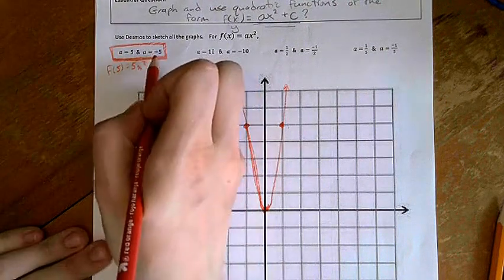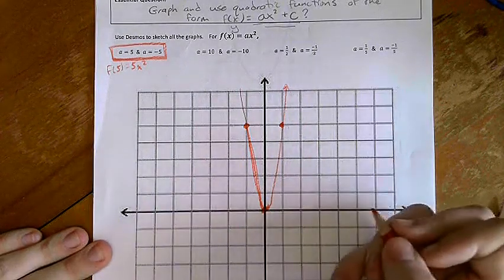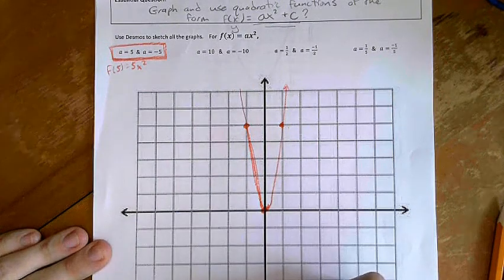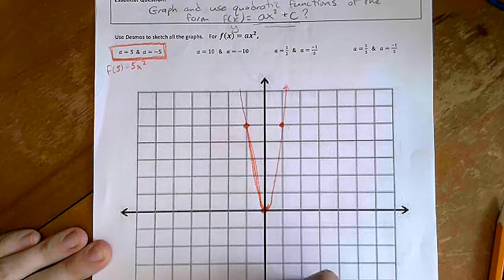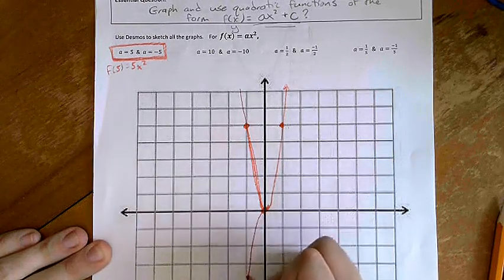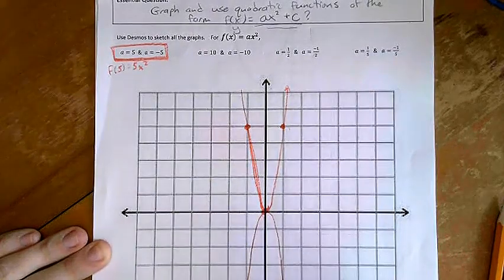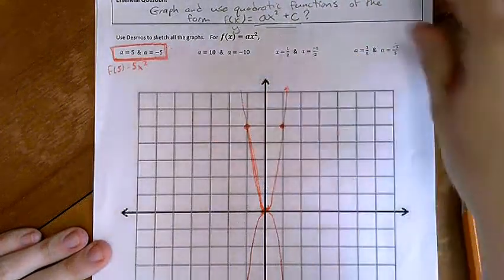So now let's do our negative 5. When I change my a value to a negative 5, my vertex hasn't changed at all, but now I have a point at 1 and negative 5, so it's down here, and a point at negative 1, negative 5. So let's think about what just happened when we switched from a positive 5 to a negative 5.